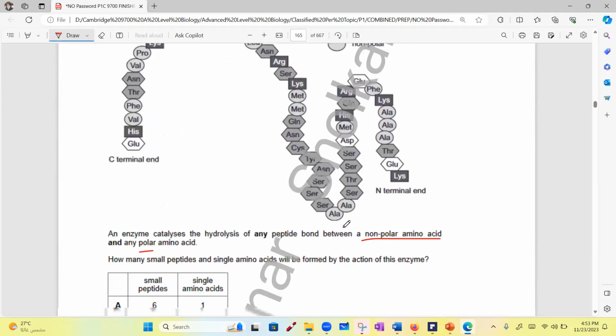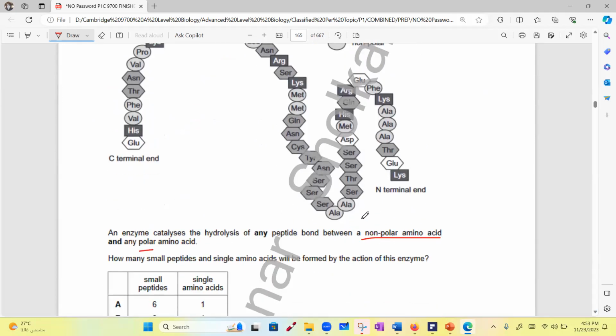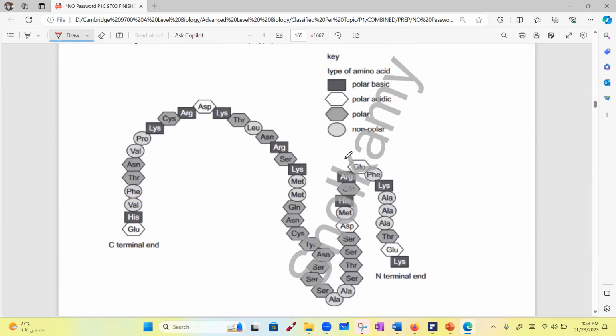They only gave you a hint: the enzyme will catalyze any peptide bond between a non-polar amino acid and any polar amino acid. You will go to the key and you will find that the non-polar amino acid is oval and the remaining amino acids are polar. So what would you do to see where the enzyme will catalyze?